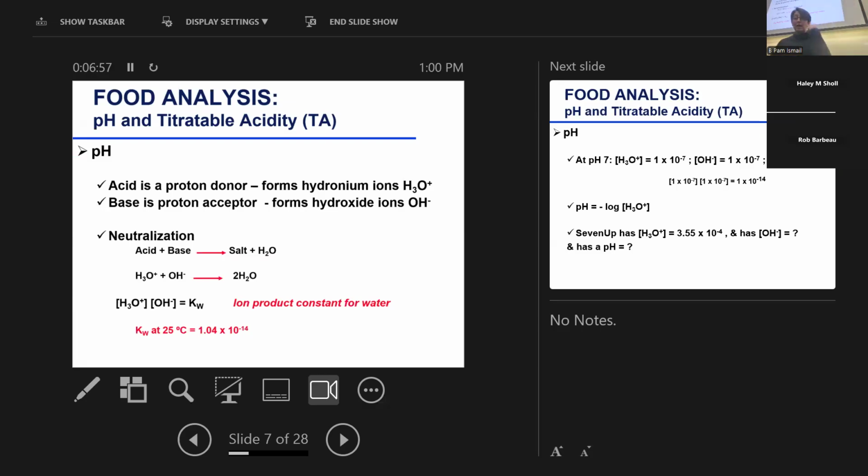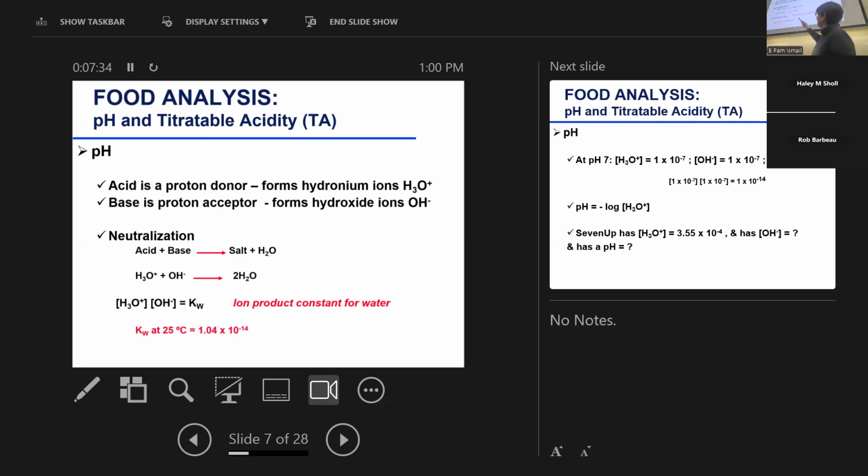Base is a proton acceptor, forms hydroxide ions. So at the neutralization point, when you have acid and base, you get salt and H2O. The product of the concentration of acid and concentration of base is the ion product constant for water. It's always close to 1 times 10 to the negative 14 at about room temperature.